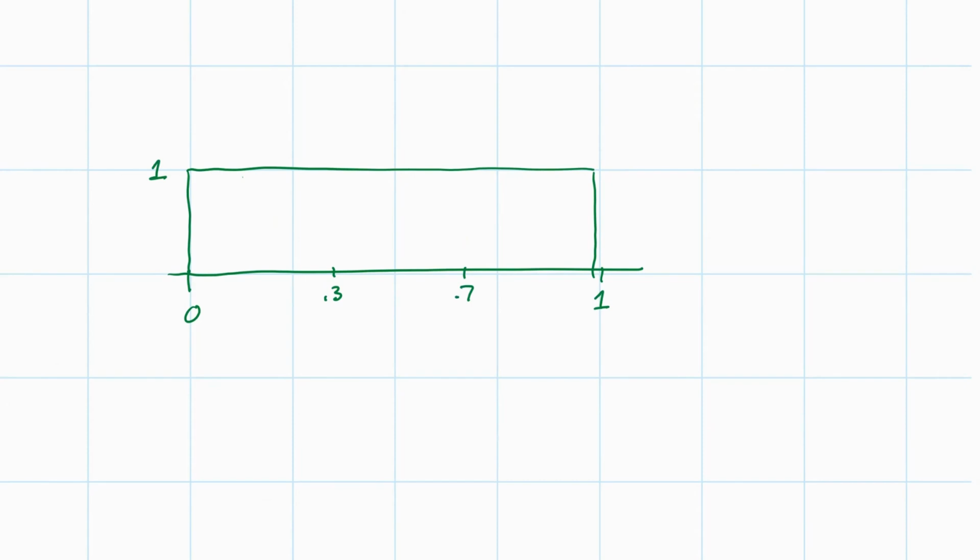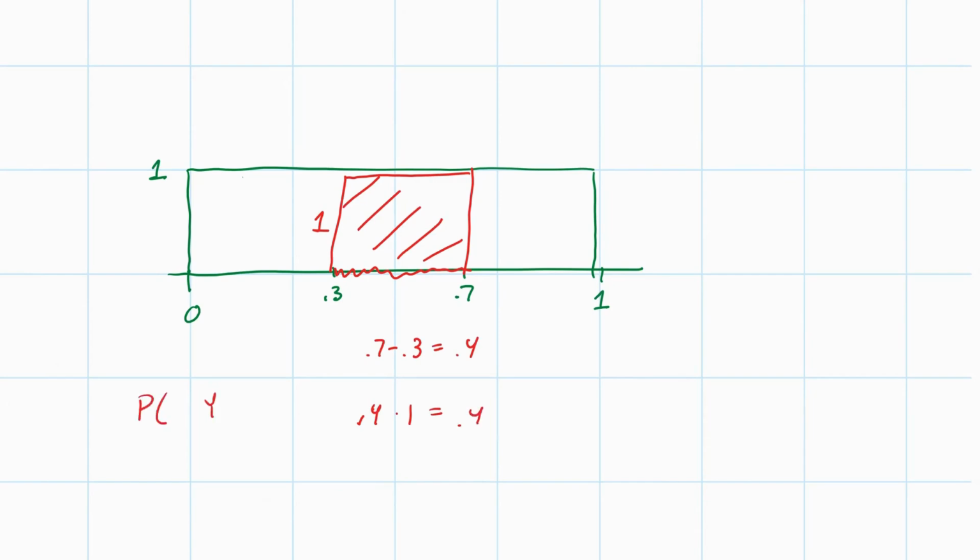Well, we go between 0.3 and 0.7, and we go up to the curve, and we say, how much area is in that curve? This rectangle has a height of 1, and this rectangle has a width of 0.7 minus 0.3, which is 0.4. And because 0.4 times 1 is 0.4, we say that the probability of this outcome is 0.4.